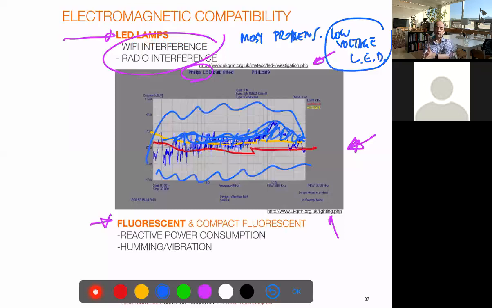Low voltage LED works with 10 or 12 volts. So those low voltage ones may create a lot or less, and I don't really know if that's because of the device reducing the power or because of the LED electronics themselves. And some elements are okay at 10 watts, but then at 12 watts, they produce a lot of vibration and so on. So this is complex, right? But you may suspect the low voltage more.